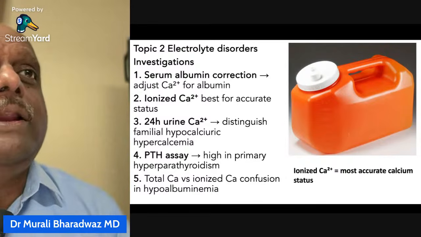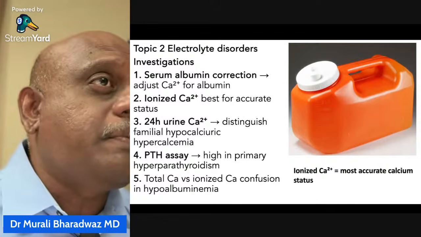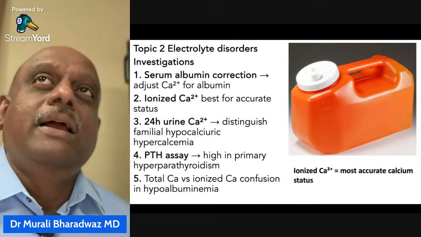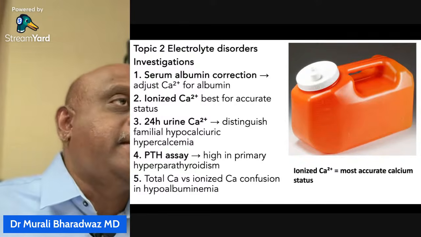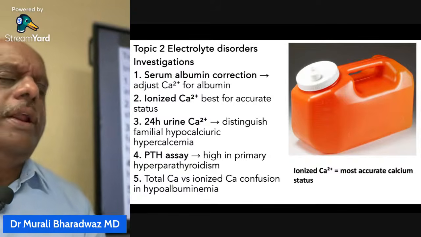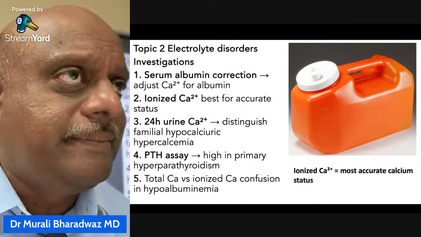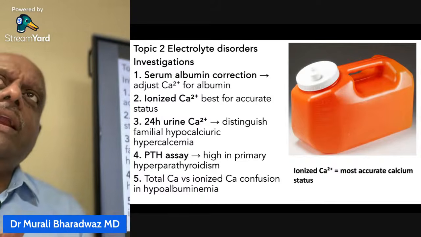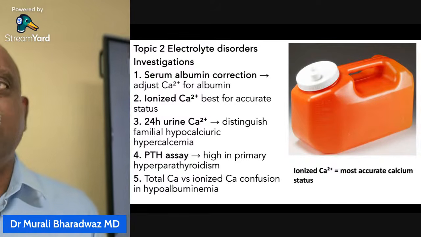Somebody has multiple myeloma, hyperproteinemias, Waldenstrom's macroglobulinemia. In all these entities, typically calcium levels get altered. So that is the reason, don't depend on the total calcium, but rather on the ionized calcium to decide the calcium disorders. That is the rule.